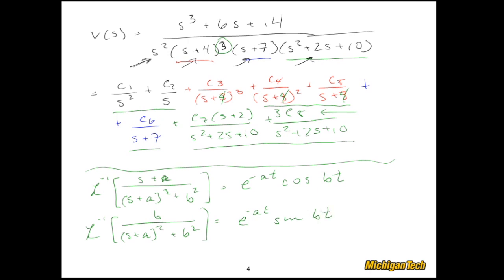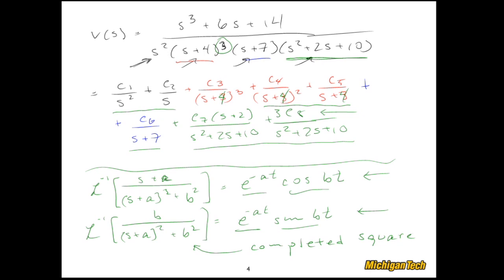So the thing to take away from this is that whenever you have a complex root, like s squared plus 2s plus 10 will give, then you get two pieces in general. A decaying exponential, one with a cosine term and the other with a sine term. And this form of the denominator is what we call completed square, something that you probably did a long time ago, maybe in high school.